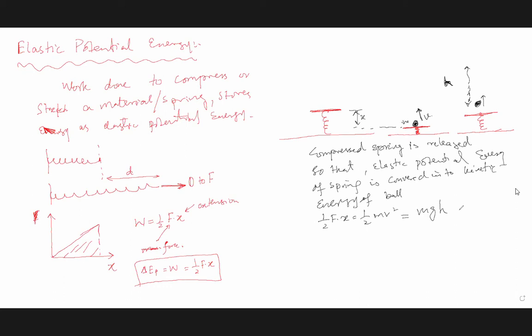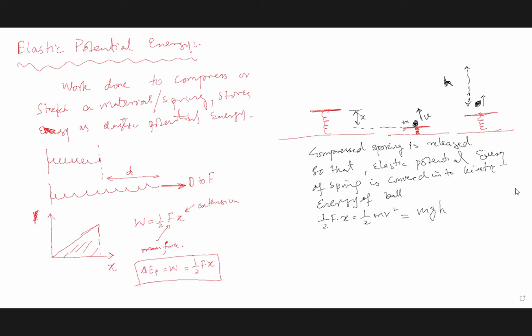First of all, work is done, यानी किसी ने पुश किया होगा इस स्प्रिंग को, तो उसने अपनी एनर्जी इस स्प्रिंग को दी. Suppose I am pushing the spring from this initial position to this position. So I am giving my energy to this spring. That stores in the spring as its elastic potential energy.